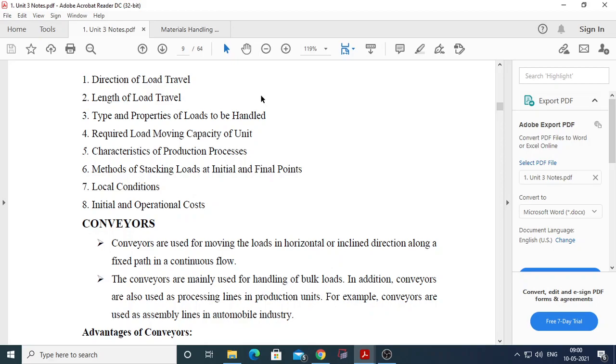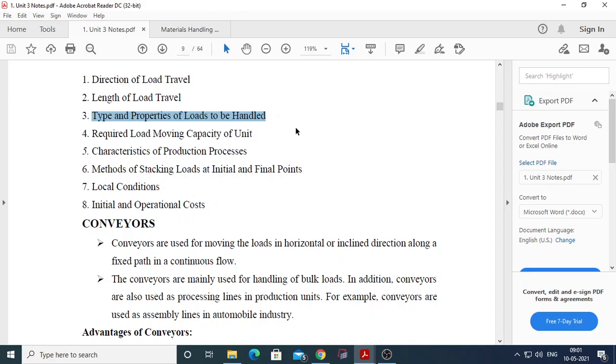Then next is the type and property of the load to be handled. You have to check the types and properties of the load to be handled. For example, a hoisting machine is suitable for a unit load, so you have to use a hoisting machine.